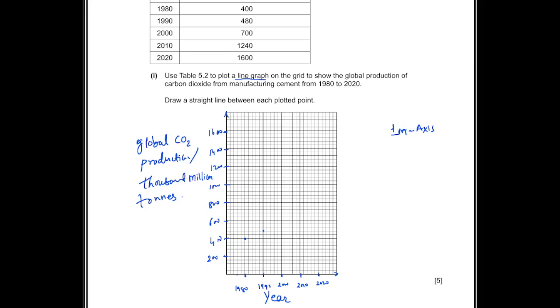Next one is 700 for 2000, and this should be 6 above, so we center here. Then 1240 for 2010, that means it should be near to this. The last one that we have is 1600, should be reaching here.